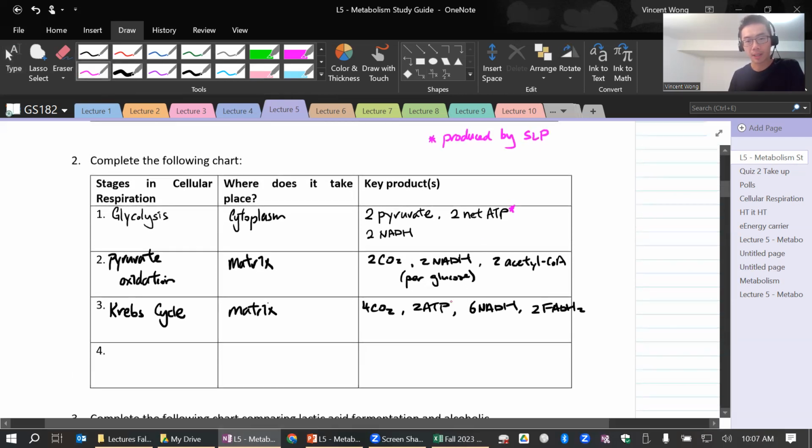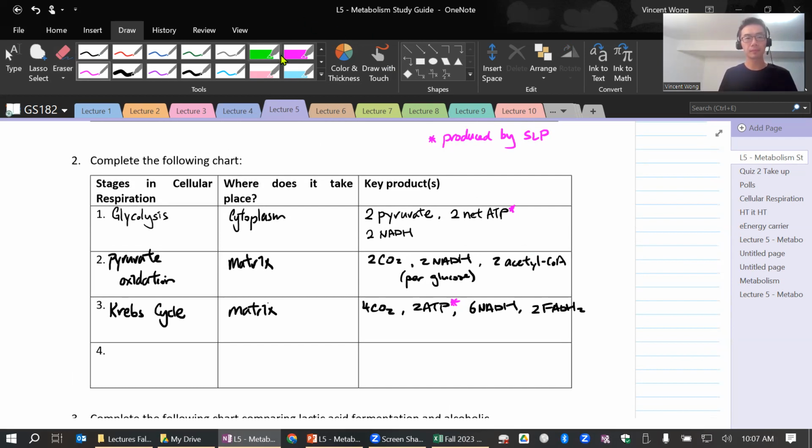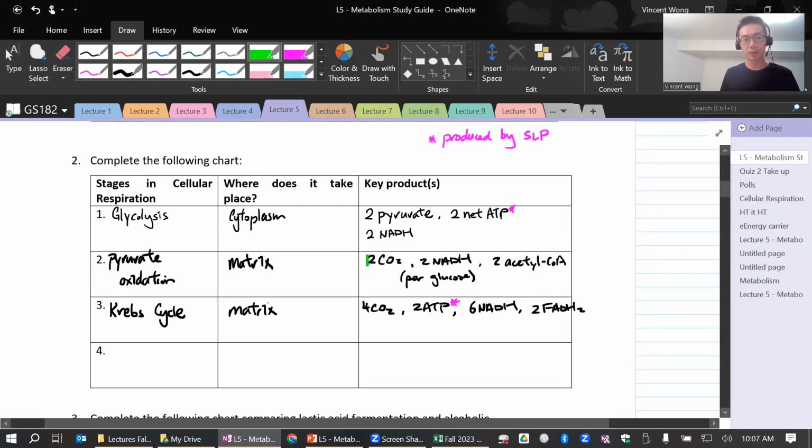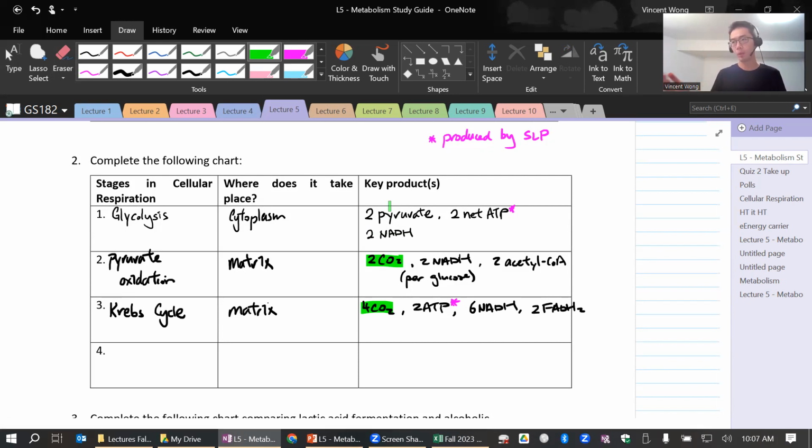I'm going to put a pink star here as well because these ATPs are also produced by substrate level phosphorylation. And I want to tell you again, that's the 6 carbon dioxide in total, accounting for the products, right? I haven't told you where the water came from yet. We will next class.